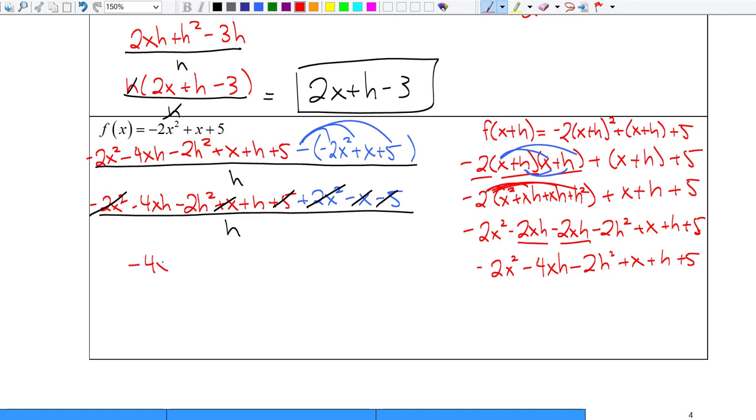So negative 4xh, yep, that has an h. Minus 2h squared, yep, that has an h. Plus h, all over the h. At this point, in order to get rid of the h or divide the h out, I first have to factor the h out of all of the terms in the numerator. So I see an h in all of them, so I can divide an h out.